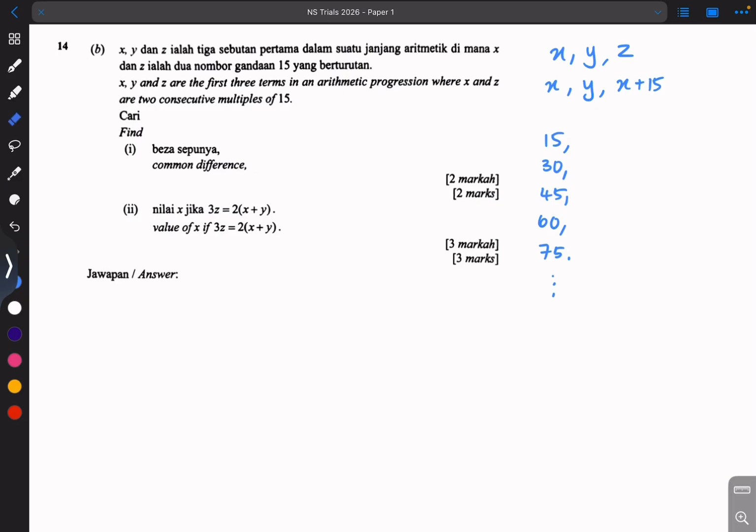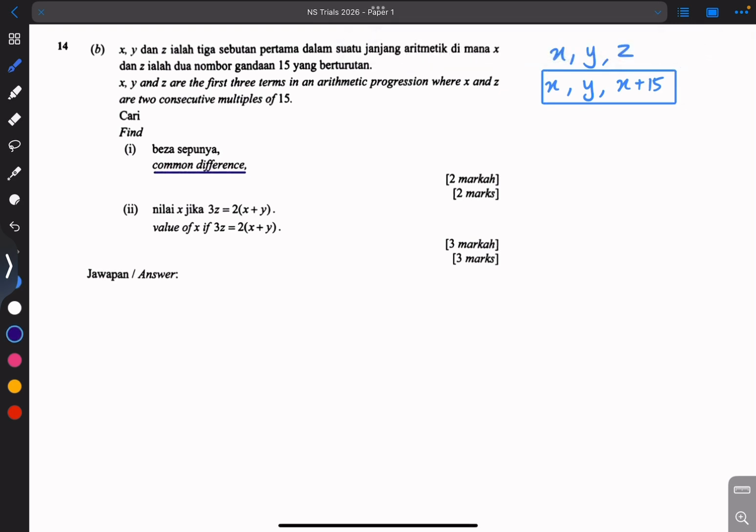Right. So this is our progression. They want us to find the common difference. Alright. So our a is x. Our d we don't know, we want to find. But we have T3. T3 is in terms of x also, so we can use this. So T3 is x plus 15. Okay. So let's sub it into the Tn formula.